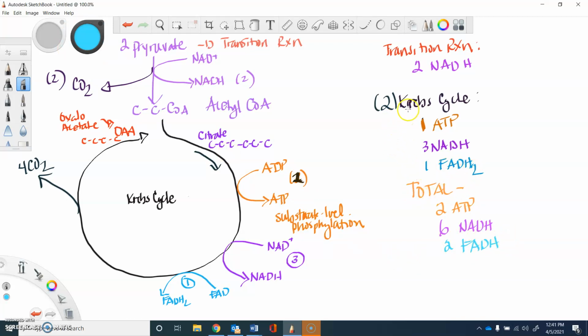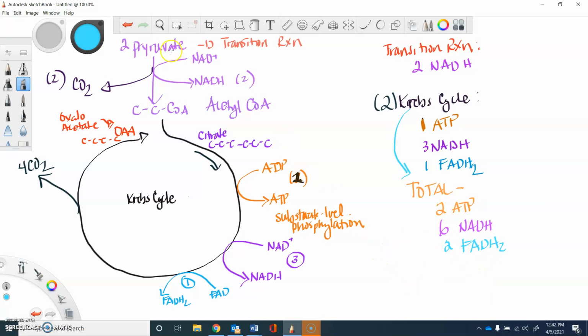So this is total for the Krebs cycle. And then total with the transition cycle, then we will have 2 ATP, 8 NADHs, and 2 FADH2s.